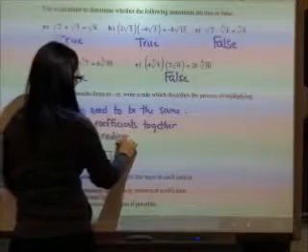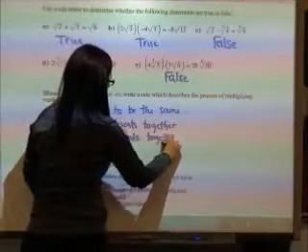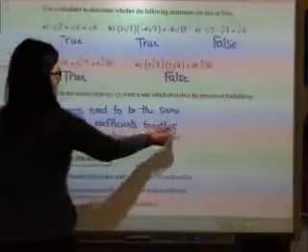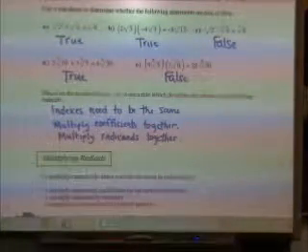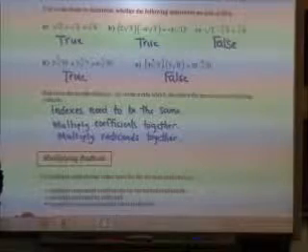Radicand. The radicand. Good. So the index needs to be the same. That's not that much different from when we were adding and subtracting radicals. They needed to be the same in order to simplify those as well.